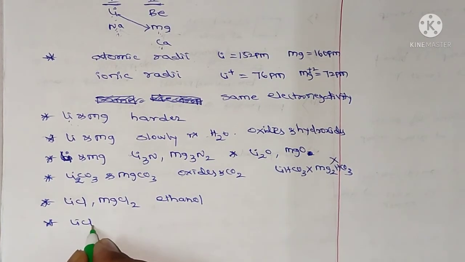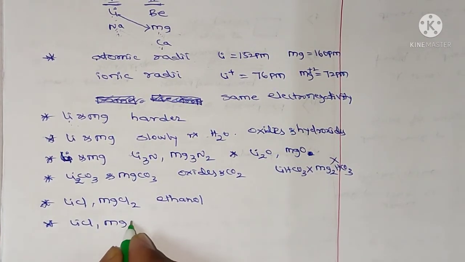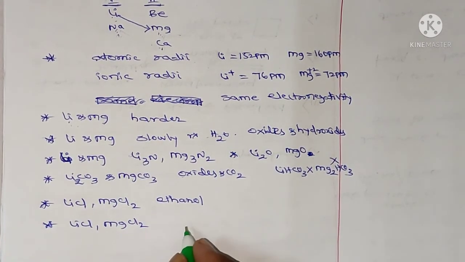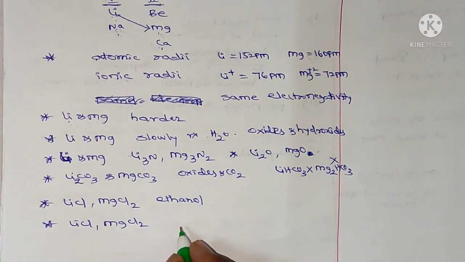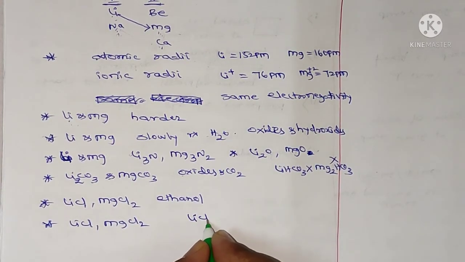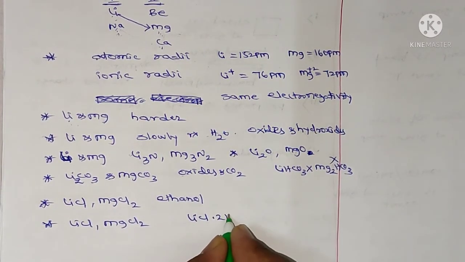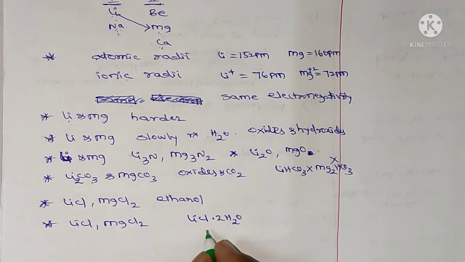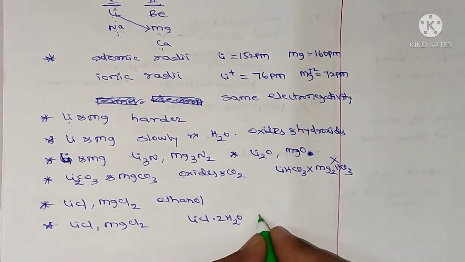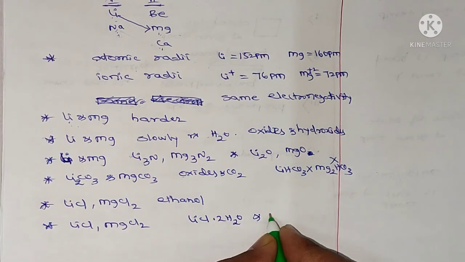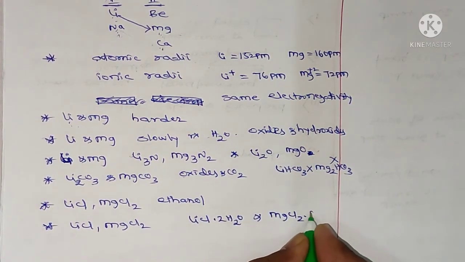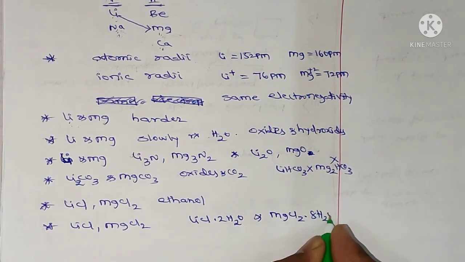And lithium chloride and magnesium chloride crystallize from the aqueous solution as hydrates. That hydrates are LiCl 2H2O, it is a lithium chloride hydrate, and the magnesium chloride hydrate is MgCl2 8H2O.